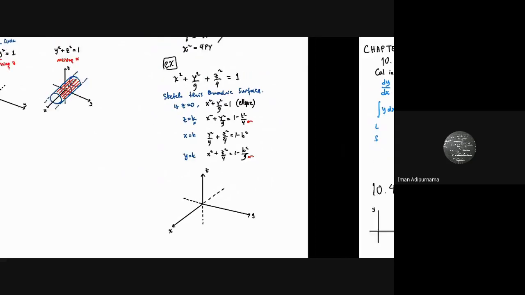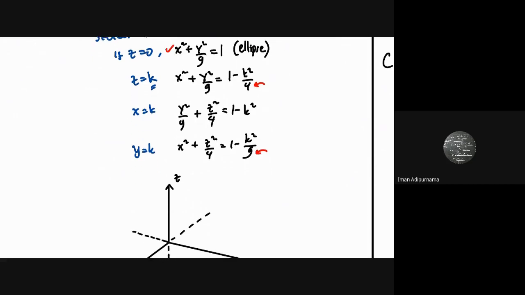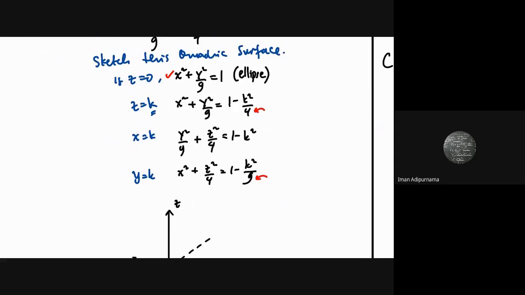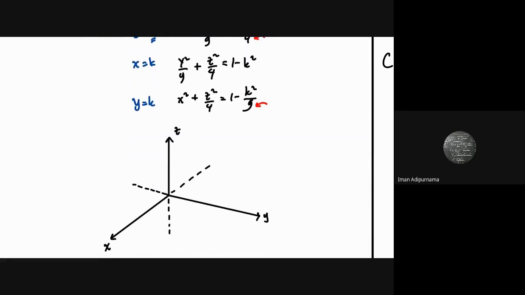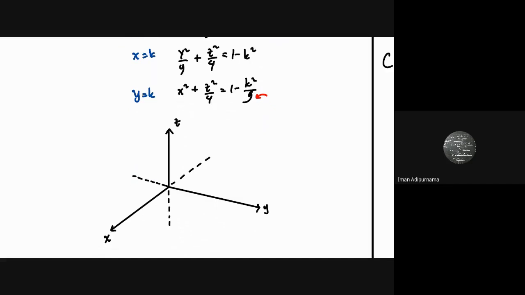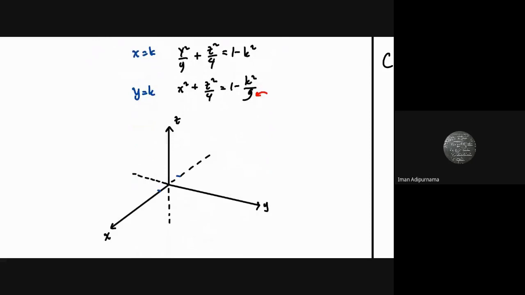First, we have these equations. First is this equation, x squared plus y squared over 9 equals 1. Let's say we set z equal to 0. So when z is 0, x has length 1, maybe here, and y is 3, because it's 9.